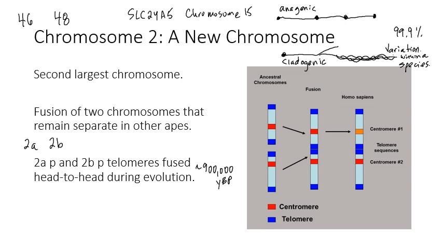Some Homo erectus would have 48 chromosomes, and some would have 46 chromosomes. And if they were interbreeding, these individuals with different chromosomes, ultimately this would create a problem. There wouldn't be enough genetic information for the offspring to go on and be fertile.